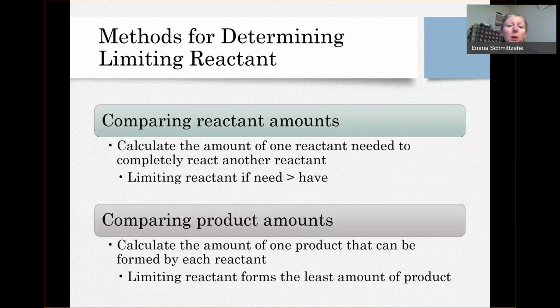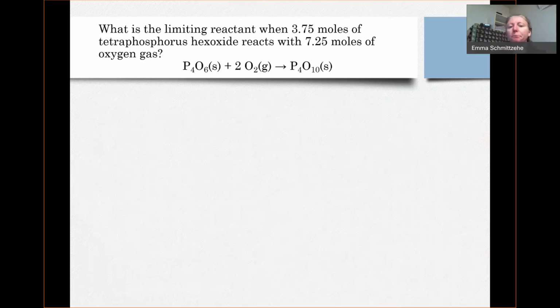Then you compare those product amounts, and whichever one produces the least, whichever comes out to the smaller value, wherever that came from is your limiting reactant. Whichever ones produce more are going to end up being in excess. So let's do several calculations to determine limiting reactants for a few different reactions.